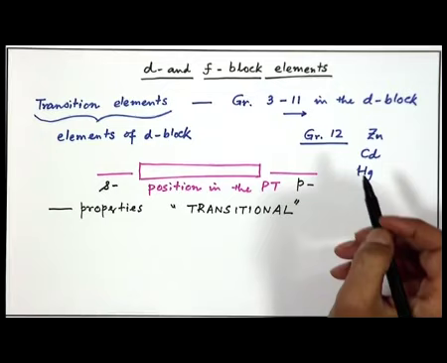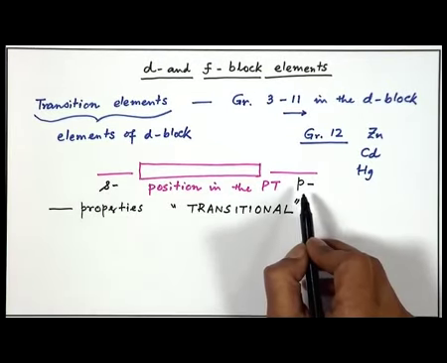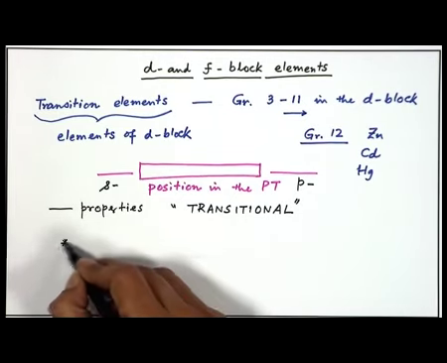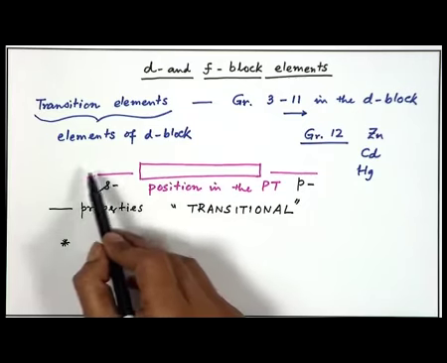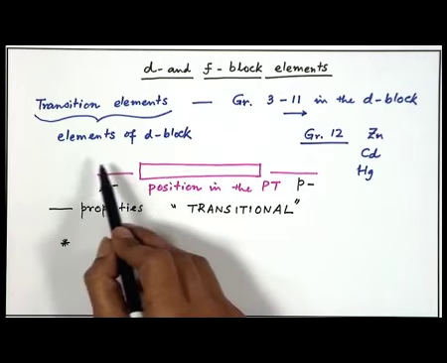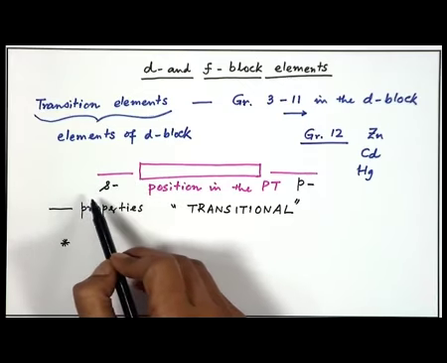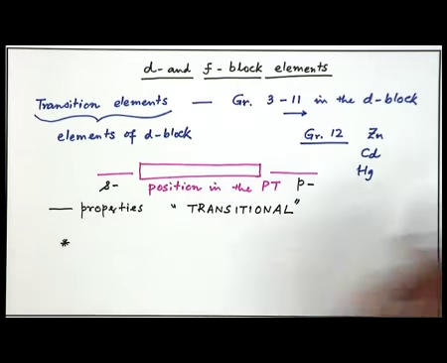That means these properties will be in between S block elements and P block elements. The first thing we consider is their metallic properties. What are the metallic properties of S block elements like sodium, potassium, magnesium and calcium? We know that they are correspondingly metallic in nature.